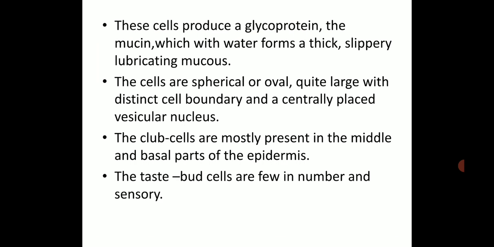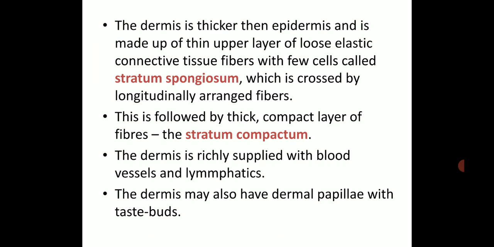The club cells are spherical or oval, quite large, with distinct cell boundaries and a centrally placed vesicular nucleus. The club cells are mostly present in the middle and basal parts of the epidermis. The taste bud cells are few in number and sensory.